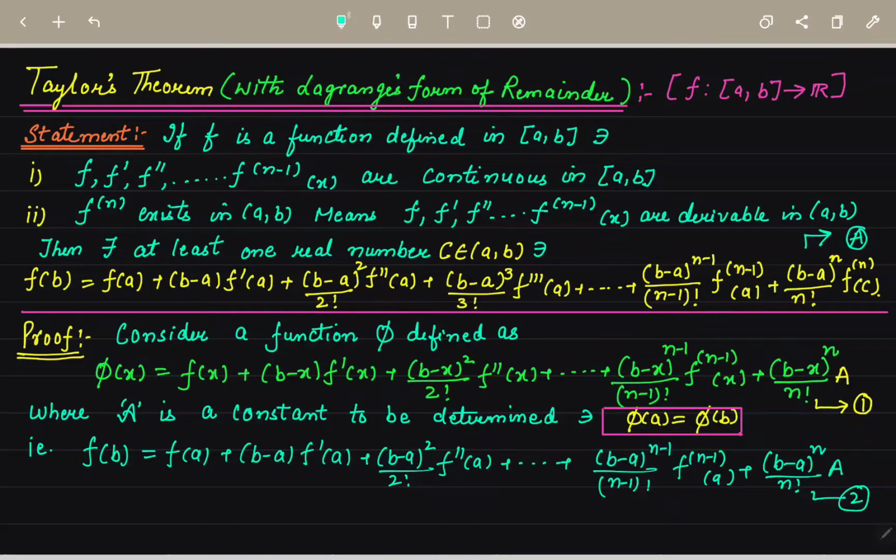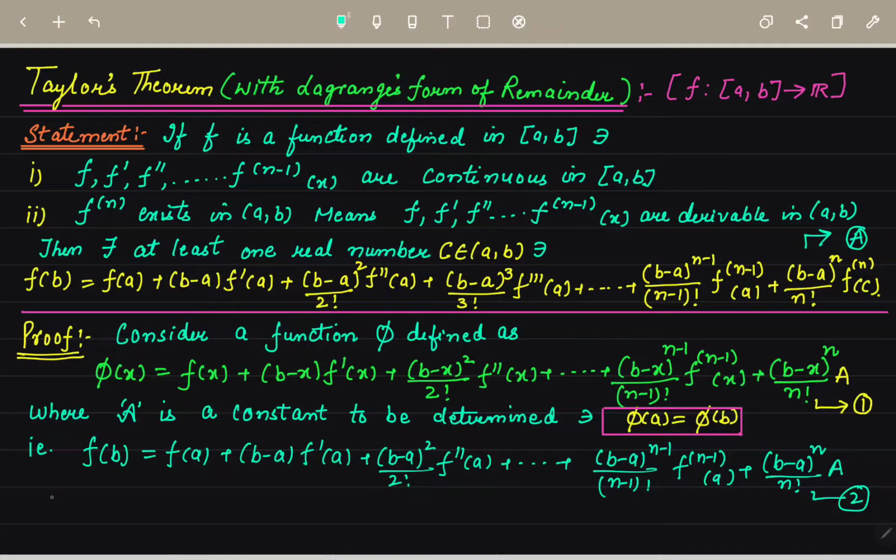From this theorem it is clear that the first derivative, second derivative, up to the n minus 1 derivatives are continuous, and also the nth derivative exists, which means that all these derivatives and the function itself are derivable in this interval.